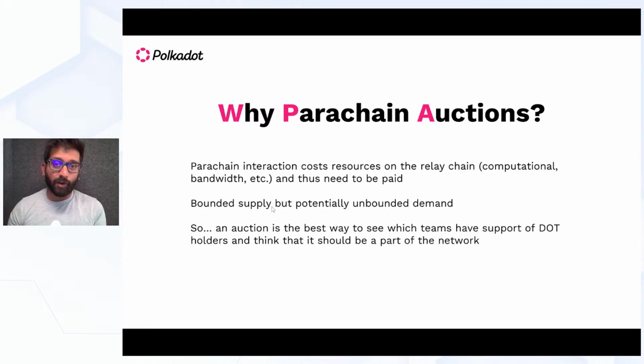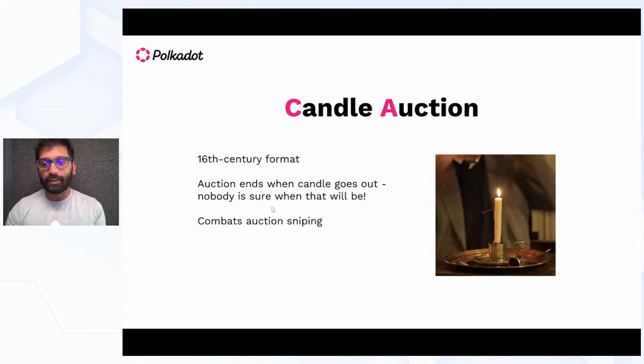So that's why we have auctions, and again, these auctions are difficult to game. The reason for that is, to win a certain auction, you have to go through a modified version of the candle auction procedure on Polkadot.